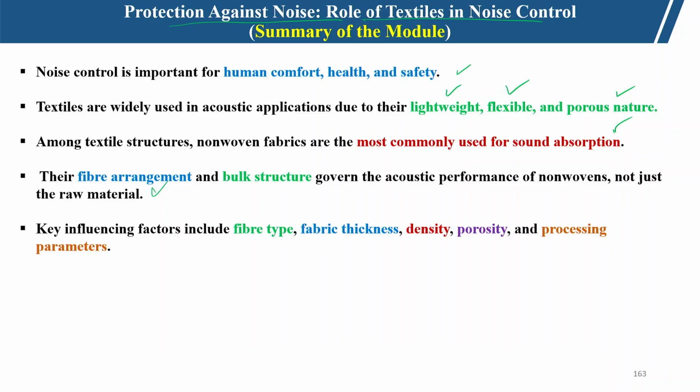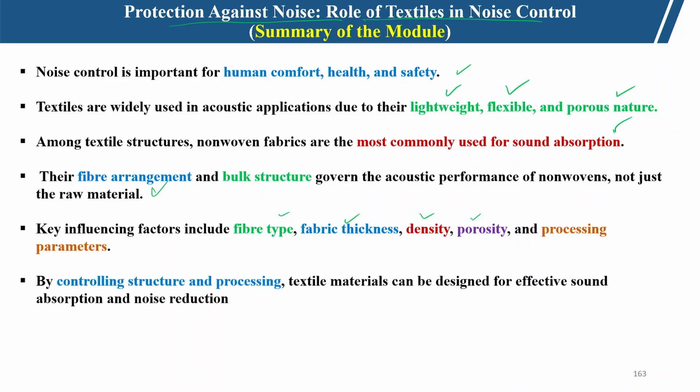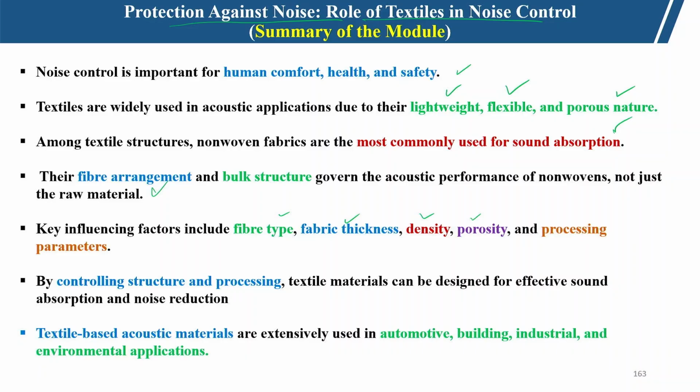Key influencing factors including fiber type, fabric thickness, density, porosity and processing parameters are important for sound absorption. Controlling the structure and processing parameters will actually affect the sound absorption and noise reduction. Textile based acoustic materials are extensively used in automotive, building, industrial and environmental applications.